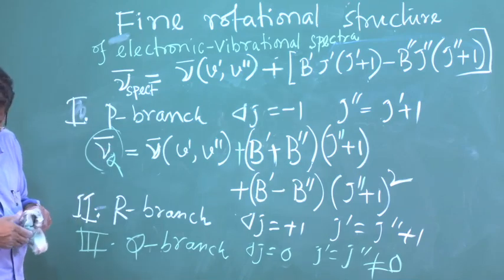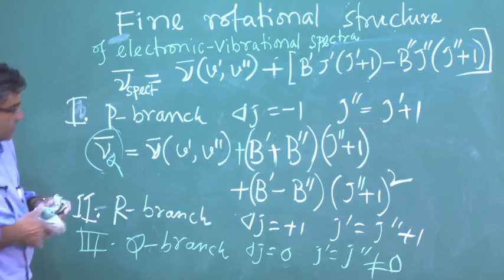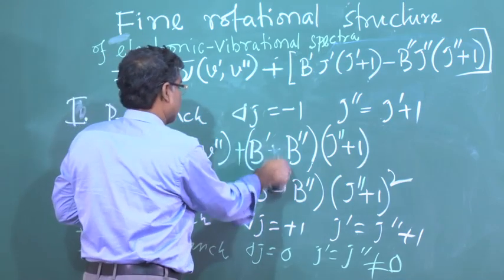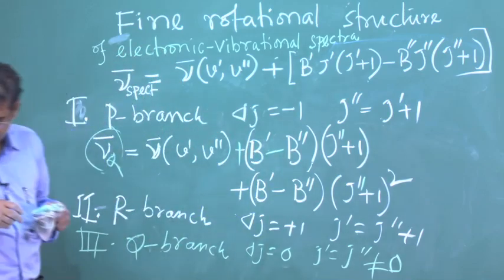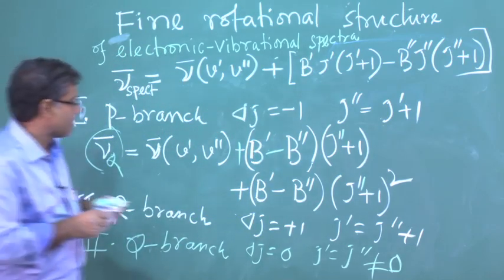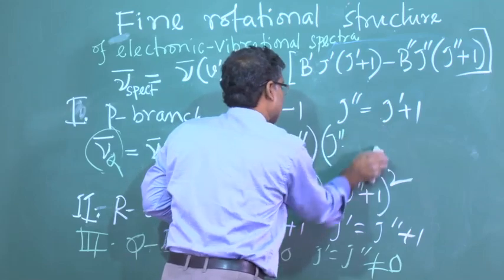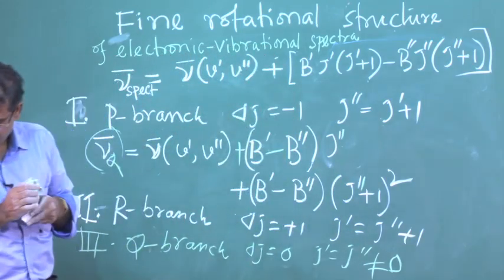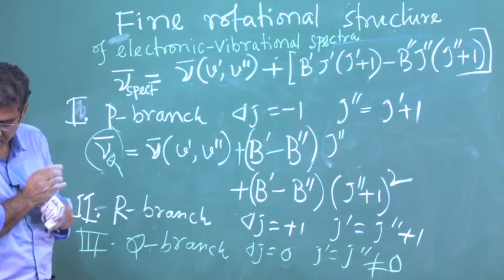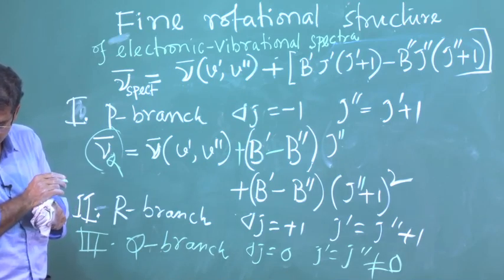For that, it will be B dash minus B double dash, J double dash, and then B dash minus B double dash, J double dash.